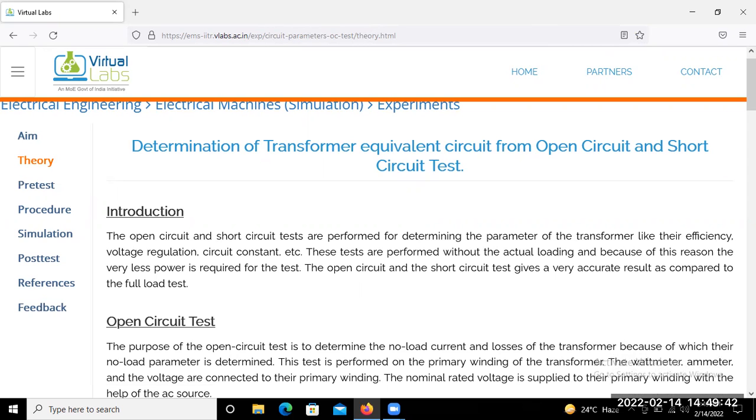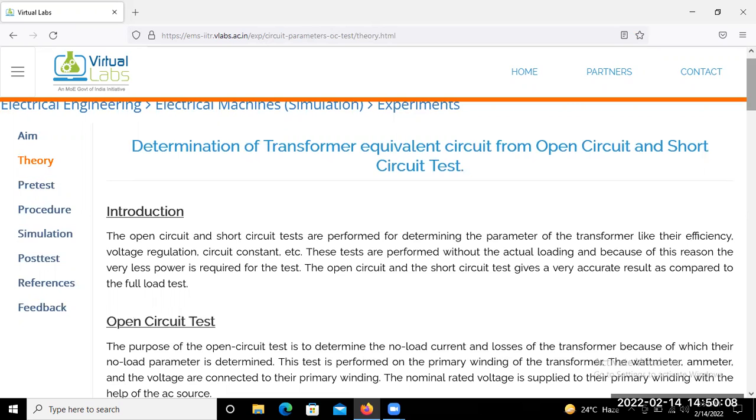These tests are performed without actual loading, so very little power is required. They give very accurate results compared to the full load test.